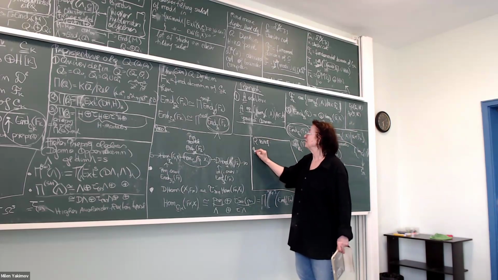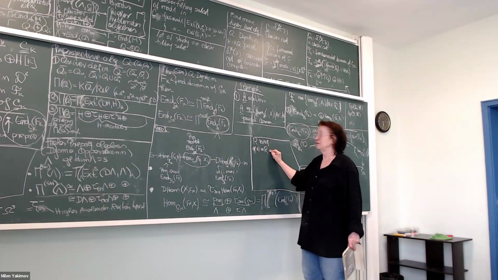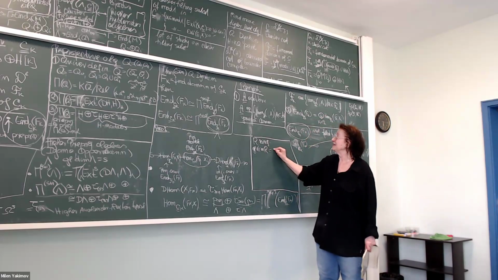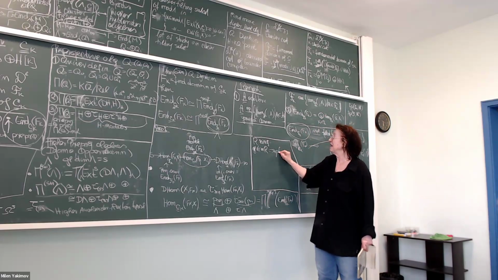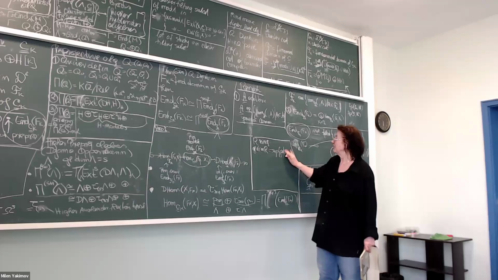And you say global dimension of R. What you mean is the supremum of projective dimensions of N, where N is in mod R, right?